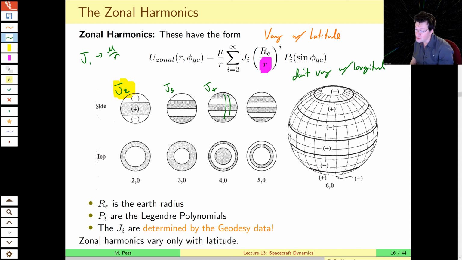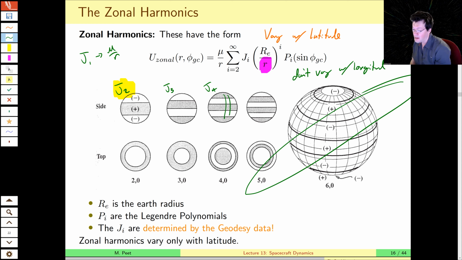That's important because, remember, your spacecraft is zipping around like that, and if these varied with longitude, then the perturbation here would be different from here, and as the Earth itself rotated underneath, that perturbation would change from orbit to orbit, and so that would cause all sorts of problems. Or rather, it would cause the opposite of problems because they would tend to cancel out over time.